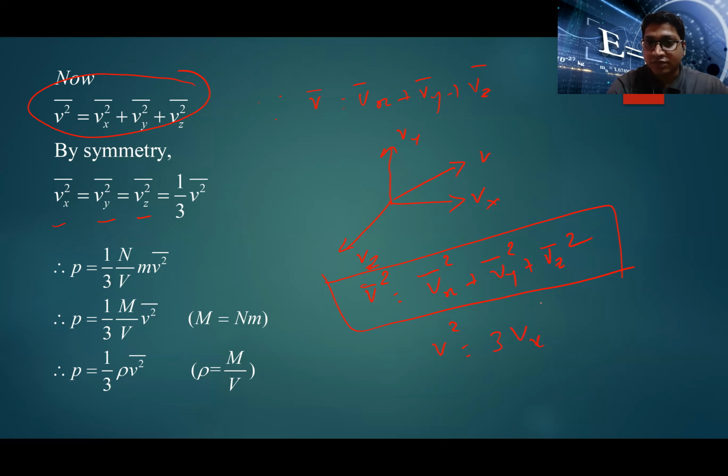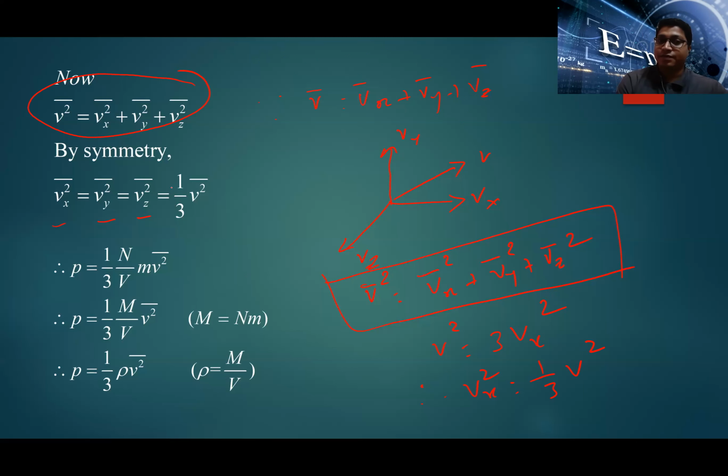So 3 times vx square, and therefore vx square is going to be 1 by 3 v square. Okay, so vx square, vy square, and vz square are all the same, and that's equal to 1 by 3 the square of v bar.